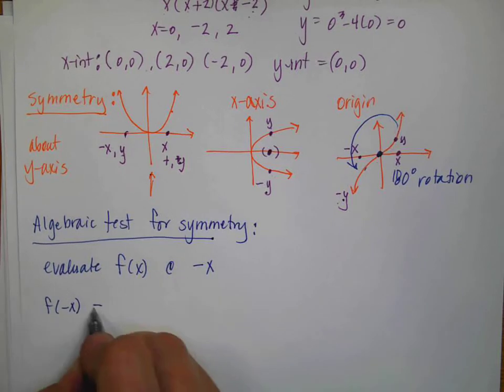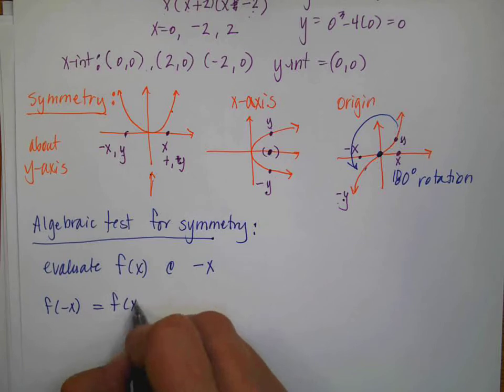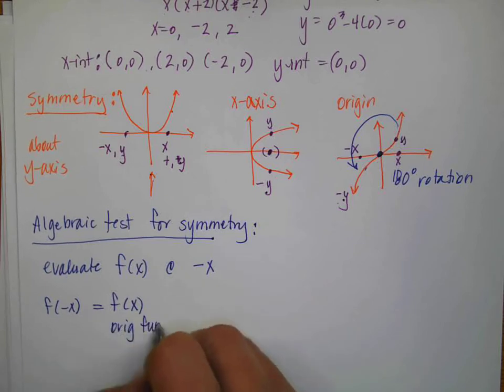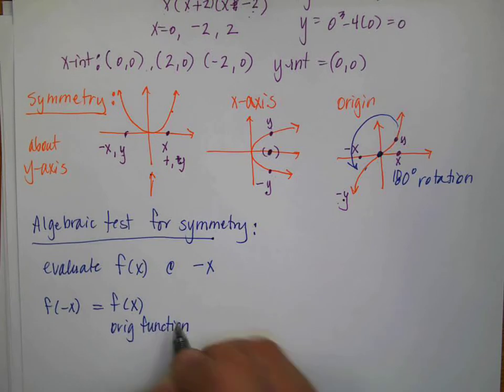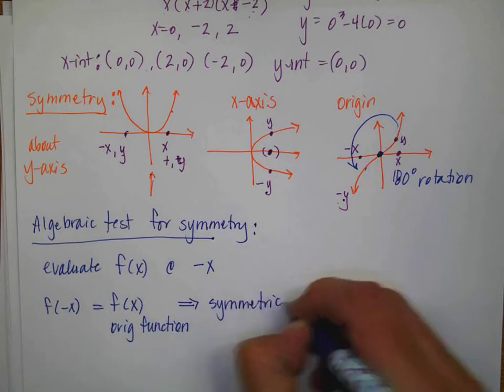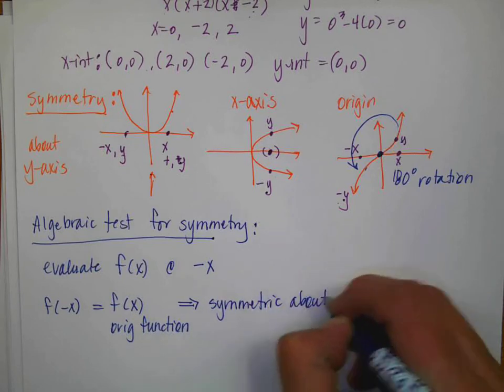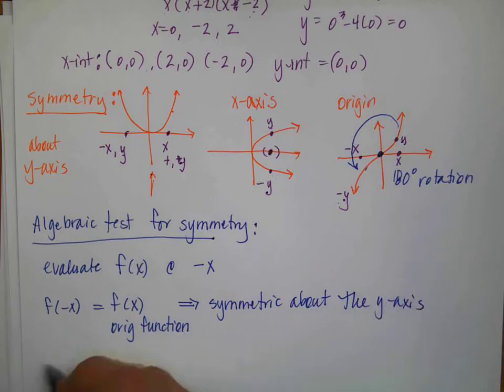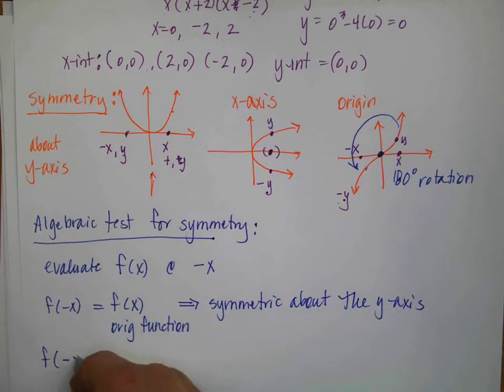If I evaluate the function at a negative x and I get the original function, that means everything is the same, then this is symmetric about the y-axis.